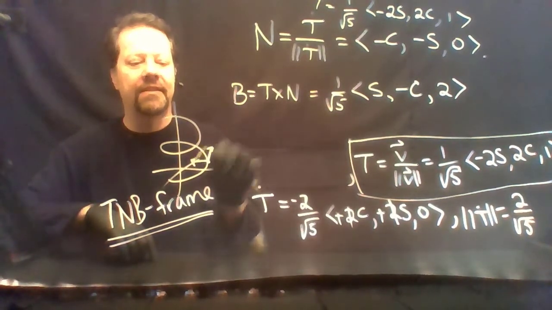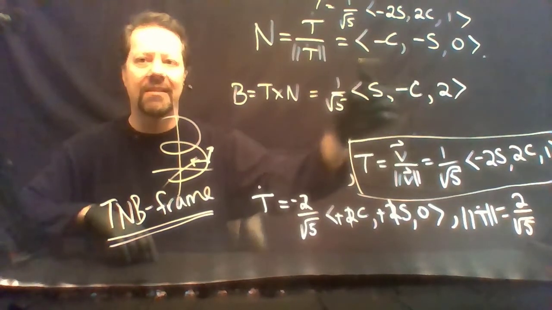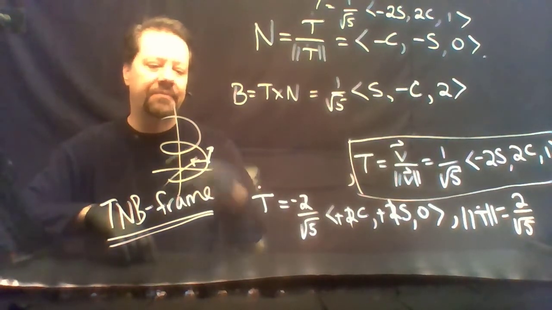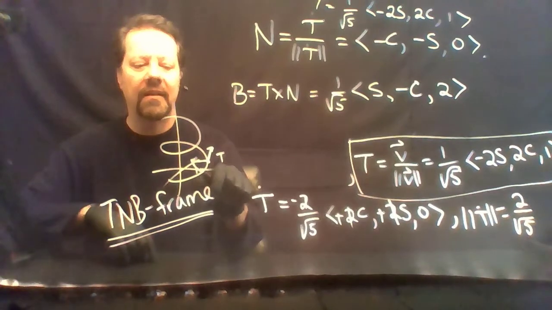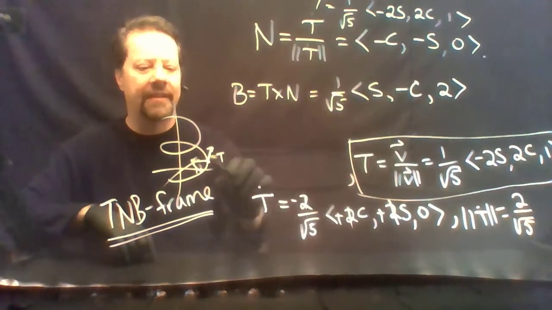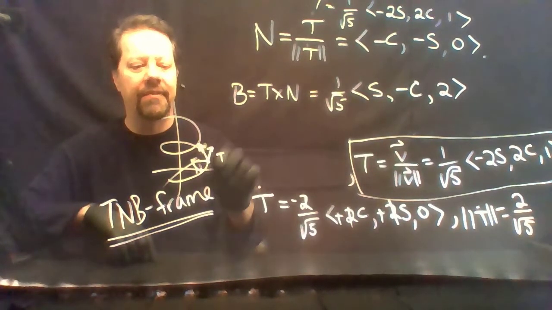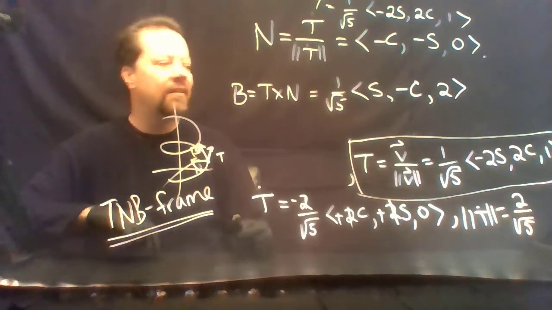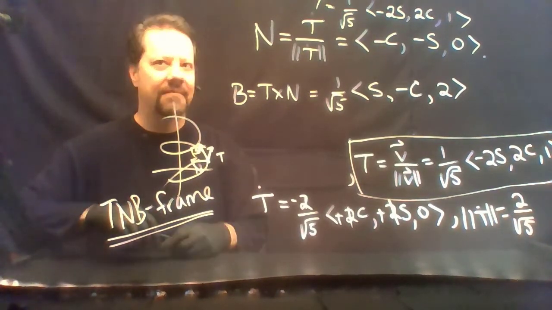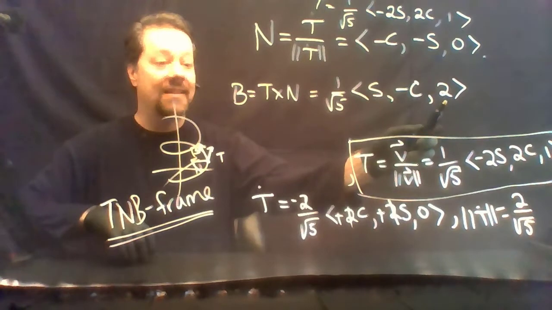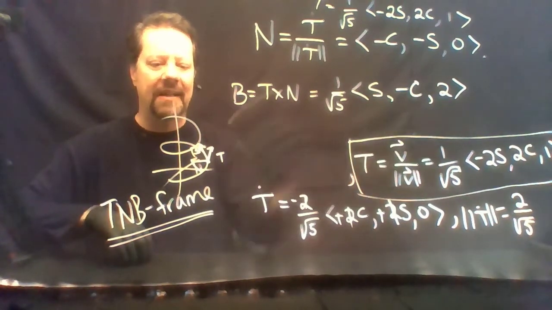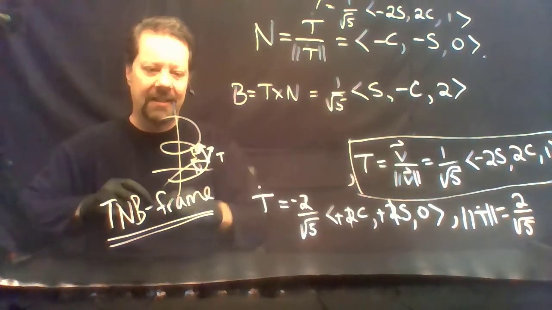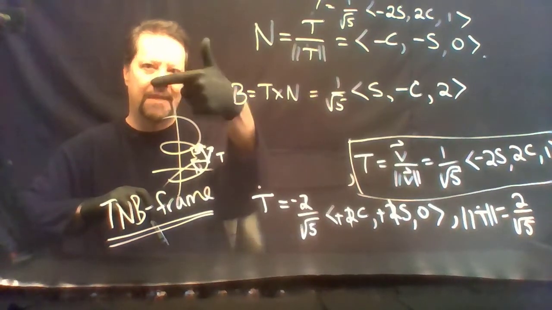The normal vector is always parallel to the xy plane. And the binormal is orthogonal to both of those, coming off like this. Note that the z-coordinate on the binormal is positive, so it's going to go up in the direction that we're spiraling.